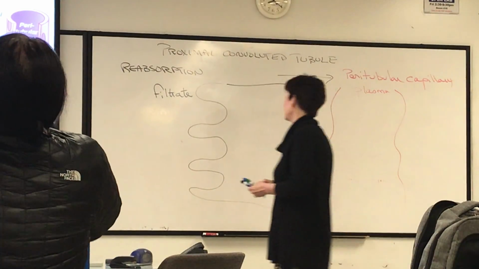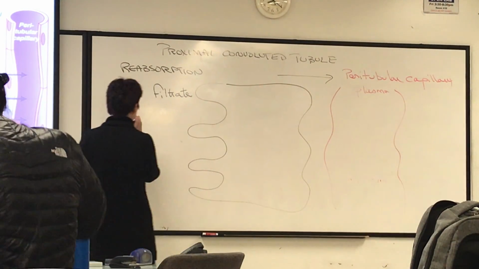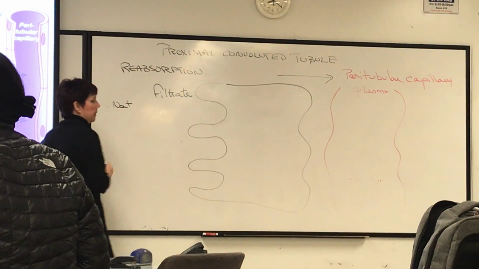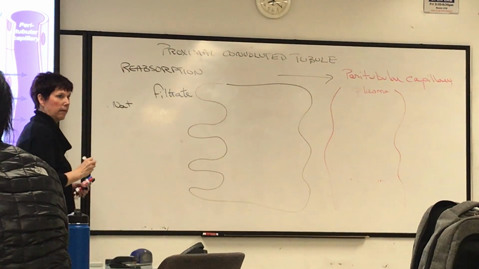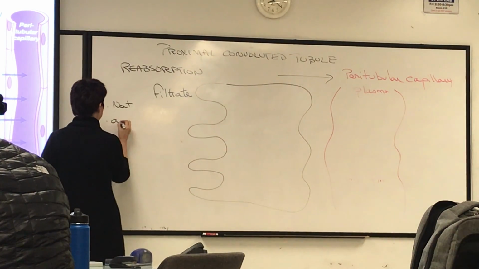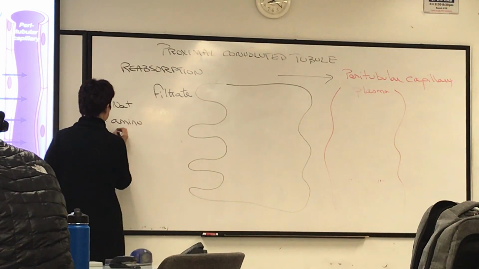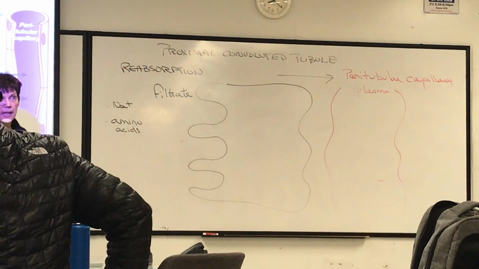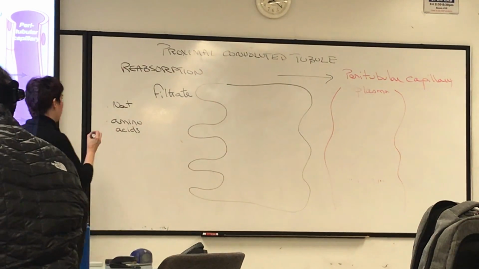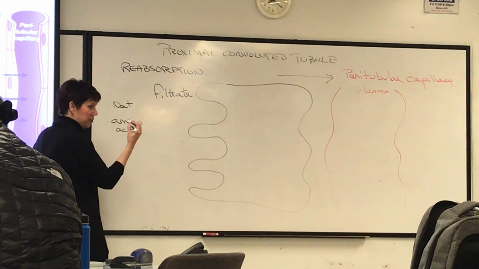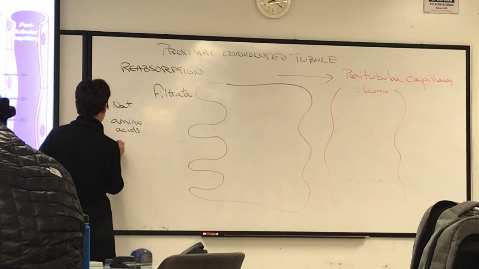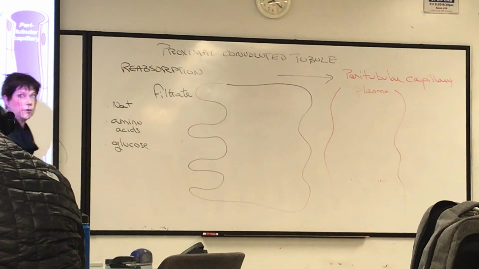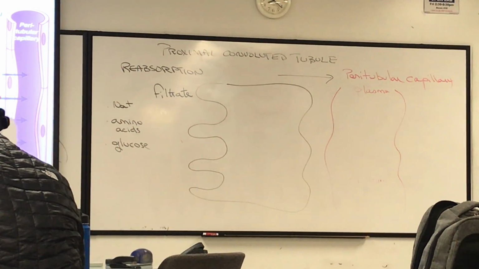So in the content of our filtrate, we're going to have ions, and we're interested primarily in the sodium ions. We're going to have amino acids, because those are small enough to move through the pores and the filtration slits, but no proteins unless we have a damaged filtration membrane. We're going to have simple sugars, monosaccharides such as glucose, because those are also small enough to move through.